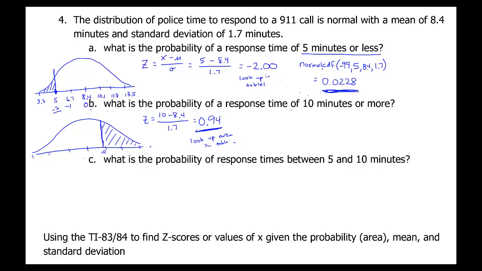And then remember that the area that you're going to be looking up is the area to the left, and we want the area to the right. So we would do 1 minus the area that you look up in the table, and that would give you the area. And again, now we can look to see how to do it on the calculator. We're going from 10 up to as high as we can, 99, the mean of 8.4, standard deviation of 1.7.